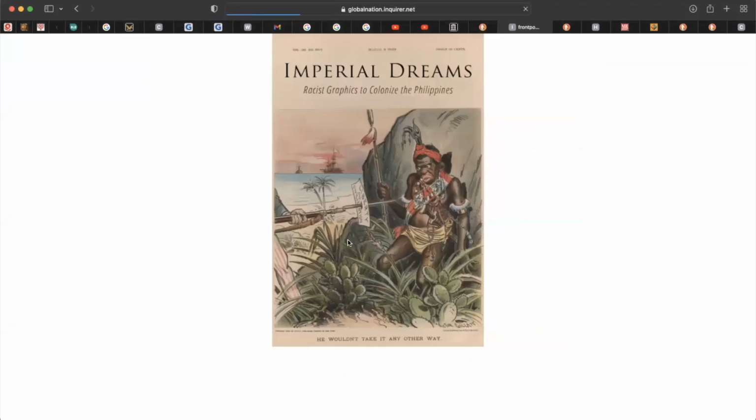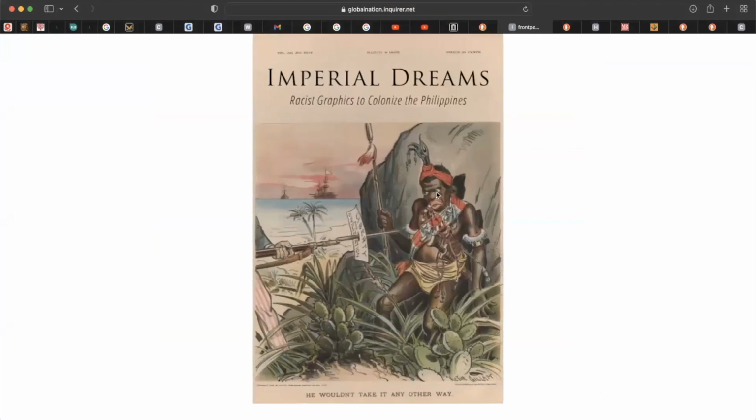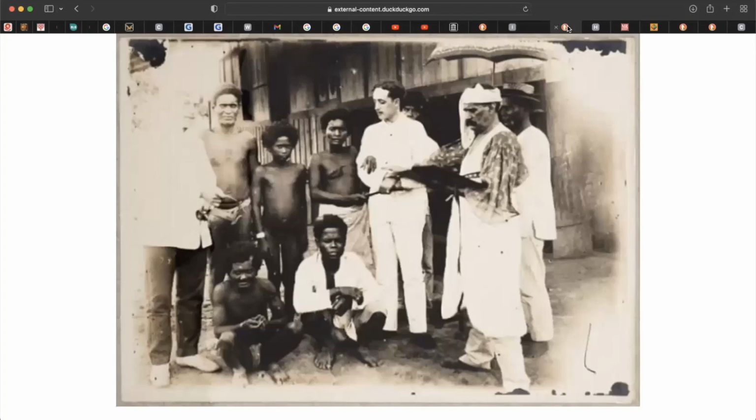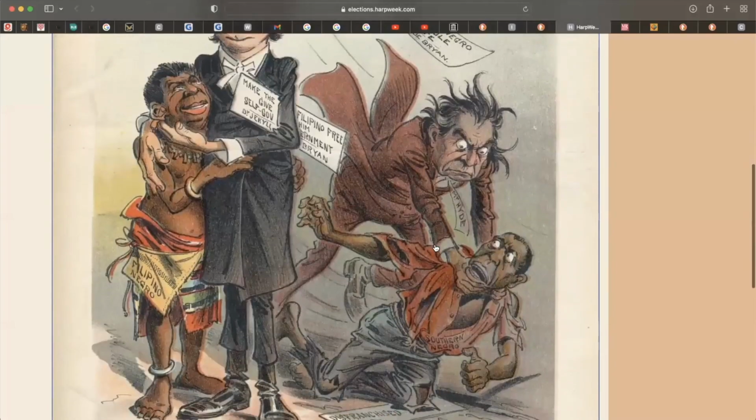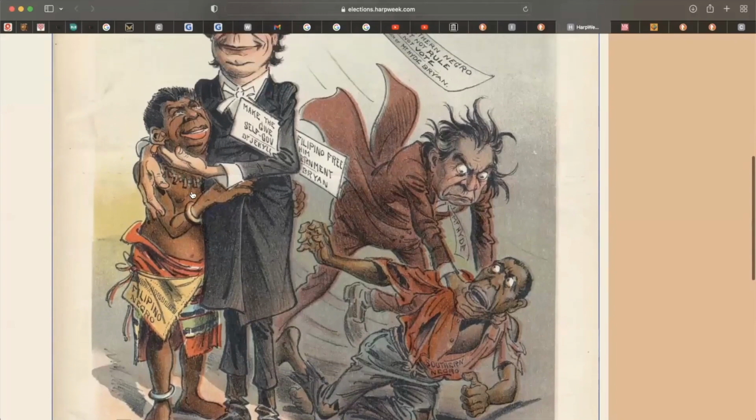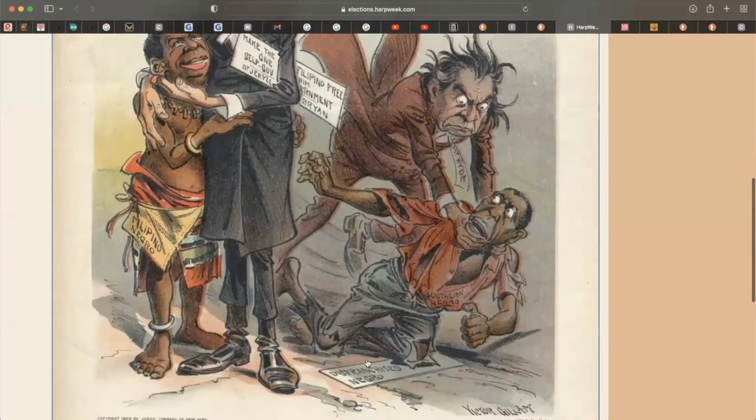And it says here, Imperial Dreams. And you can see here the Filipino. You see how they're depicting the Filipino, right? Go to another image here. Again, these are Filipinos. Another image and drawing. So it's here, Filipino Negro and Southern Negro. This franchise Negro.